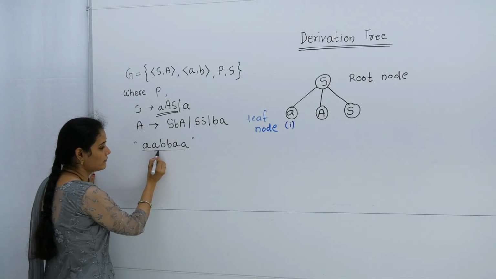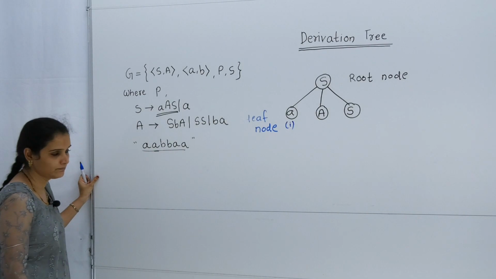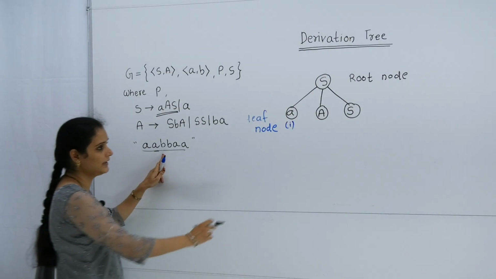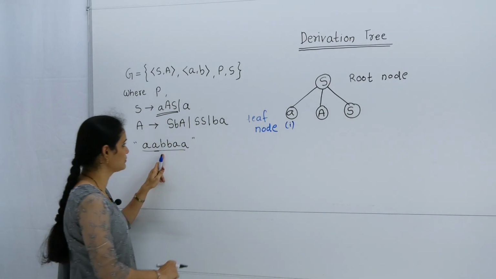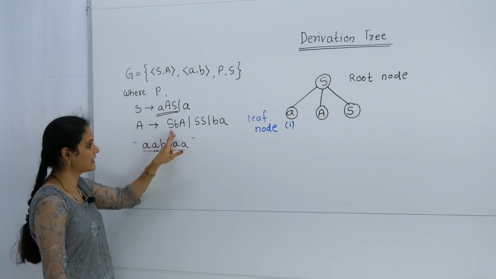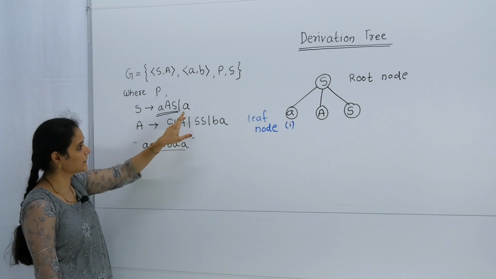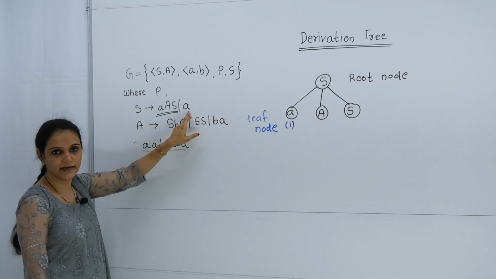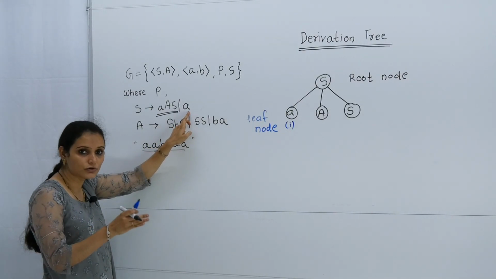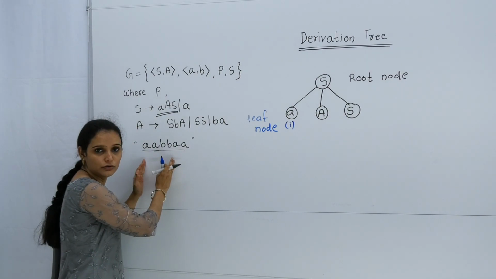The next symbols I want are small a, then b. So if I use A produces SbA, and that particular S produces a, I can be closer to the string which I want to generate.